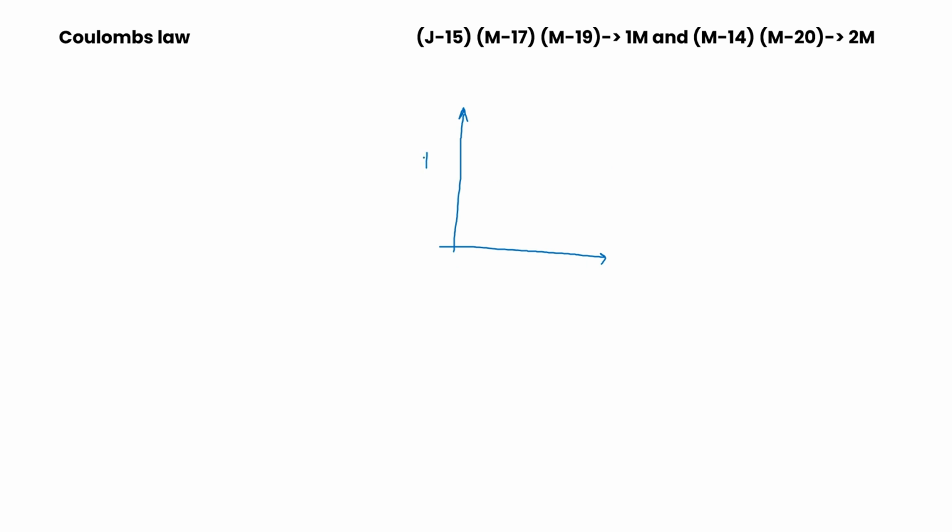For example, the force between two charges is maximum when they are very close to each other. Even if the distance is infinity, the force between the two charges is not 0, it has some value. This is where the inverse square law helps. This is the smallest distance, closest to 0. This is the largest distance, almost infinity, but the force is not 0 or infinite. So this is the inverse square law.